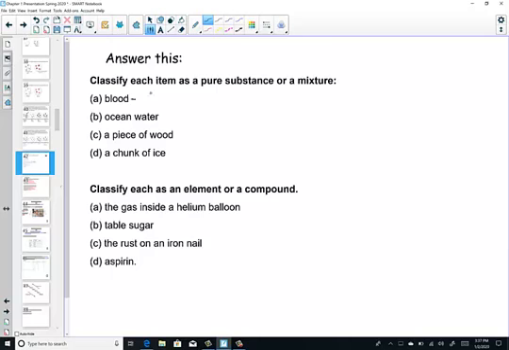Blood, we recognized as a mixture. As a matter of fact, it is a heterogeneous mixture since it is composed of a variety of different substances. We said it has liquid plasma, and suspended with it are red blood cells, white blood cells, platelets, and so forth.